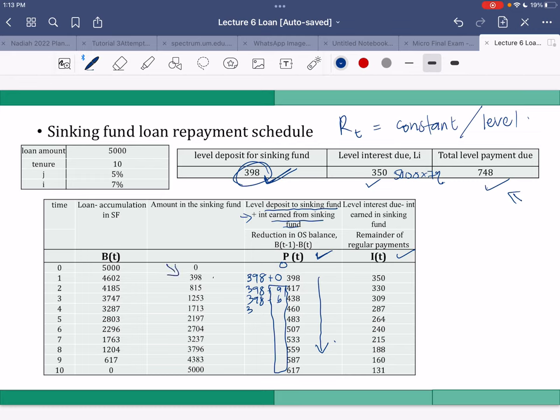So this is 398, and this one would be 398 times 1.05, 1 plus J, plus 398. This one is 398 S2 at 5% plus 398.